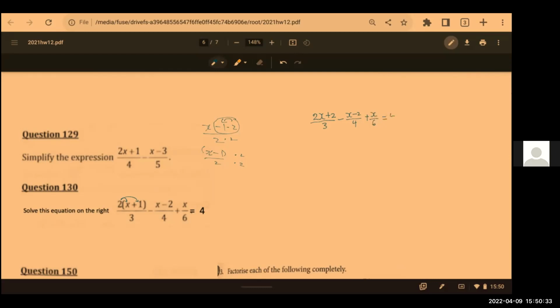Okay, and I want to suggest something. You know that later you need to make it the same denominator, right? So the more you need to space out. Let's say this is the first term, this is the second term, this is the third term. Next time when you write, don't write so close to each other, because later when you want to insert the 2 times or 3 times, it's very hard, no space. Can you redo?